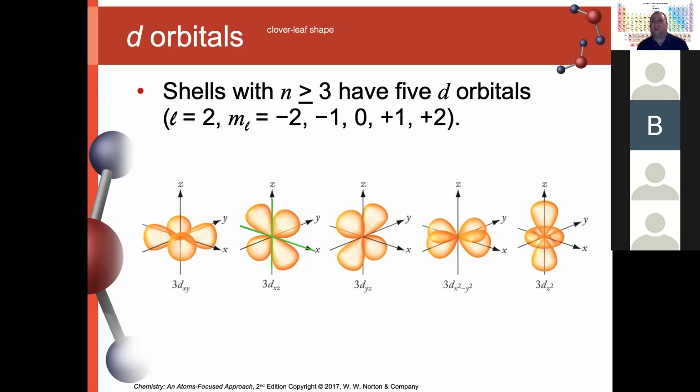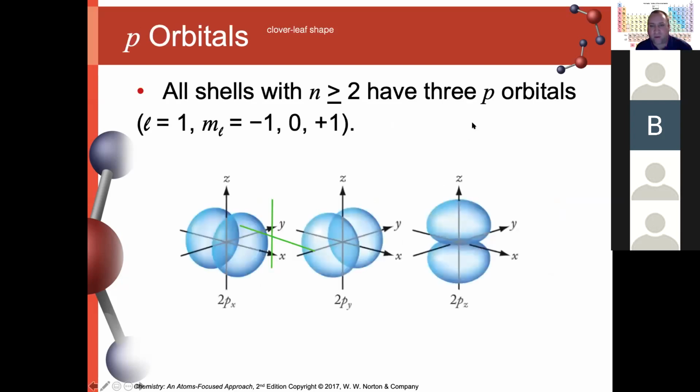Now, understand, in each of these sublevels, the s sublevel was completely spherical, had no orientations because there's only one orbital in that sublevel. The p had three orbitals in the sublevel. But if I added the 3 together, what I would get is something that is at least somewhat spherical in shape.